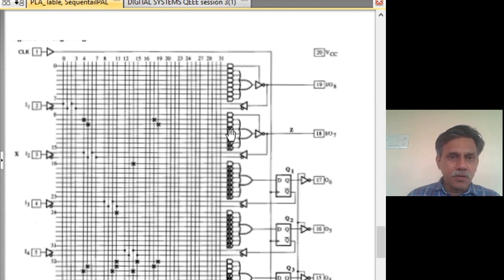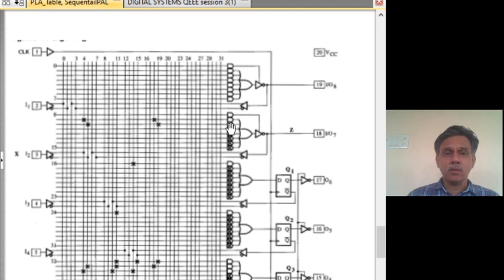For example, if you look at this one, it is connected only at these two wherever the crosses are. So, to generate one, we just have to AND these two. Similarly, for the other one, we have a cross point here and a cross point here. Only those are being ANDed together to get these terms.